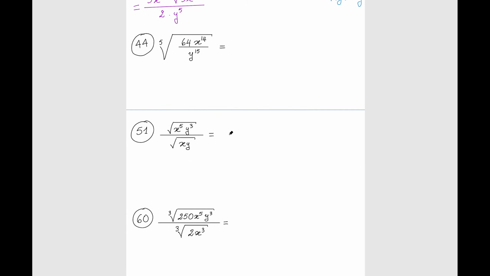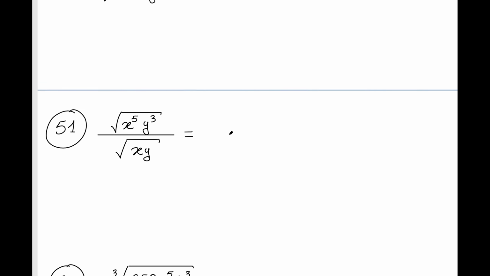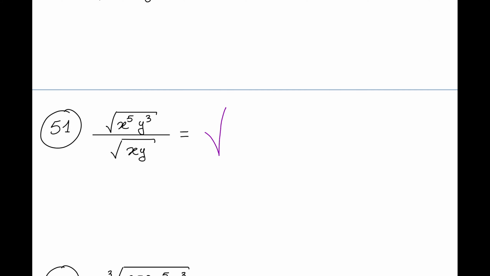What I'm going to do is think about this as the square root of the quotient, by the quotient rule we talked about earlier. Divide by xy, right? Remember, square root commutes with division. So taking the quotient of square roots is the same as the square root of the quotient.